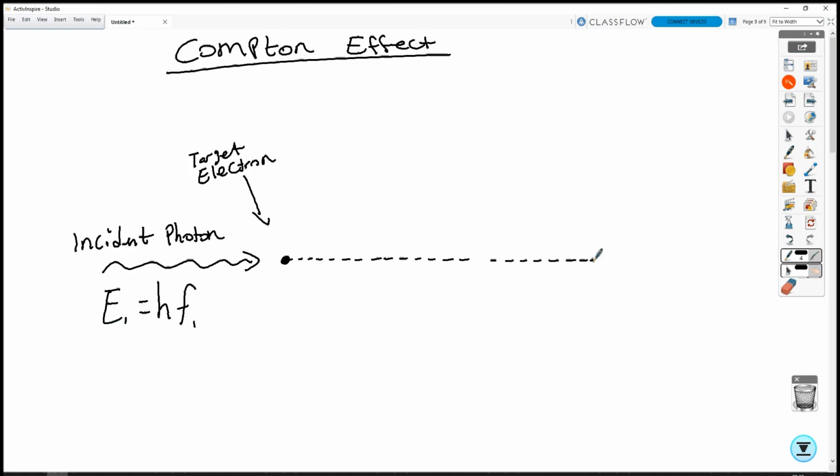When this photon is incident on the electron, it causes a deflection in the electron. So our electron becomes scattered, and the photon also becomes scattered.